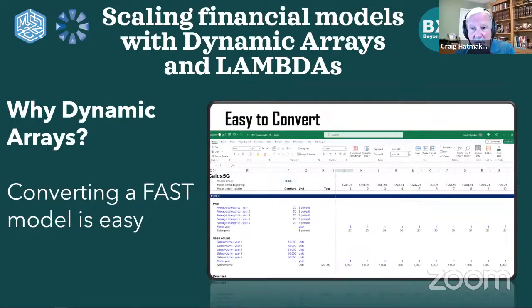Here's someone else's model. Can you convert it for me? You just saw me converting it. Now, there are some issues, and we'll get into that a little bit later about dynamic arrays, but most of what I had to do was what you just saw: add the pound sign to the end of the reference that references a dynamic array.